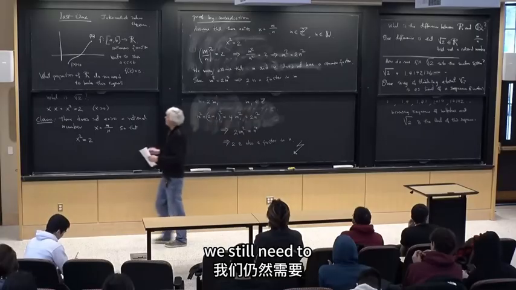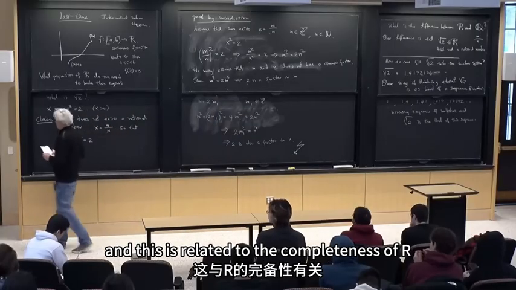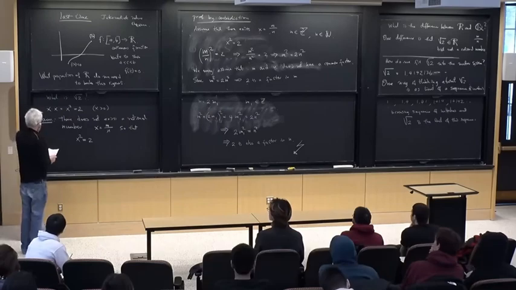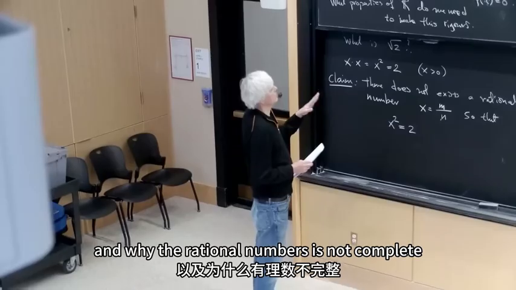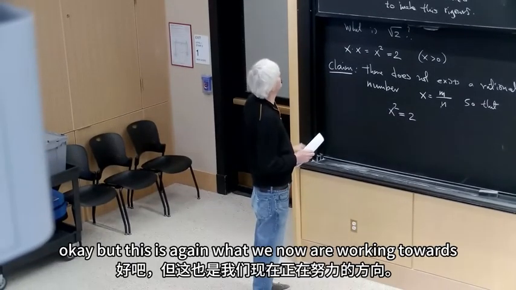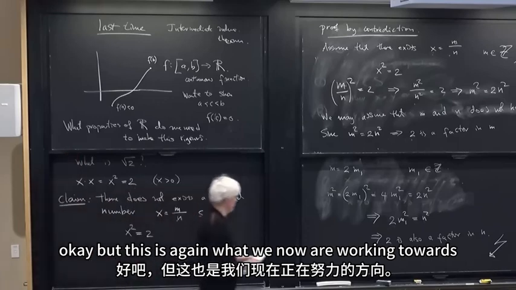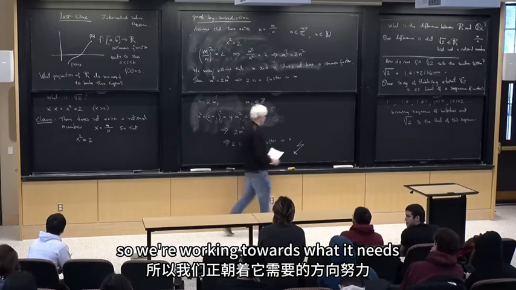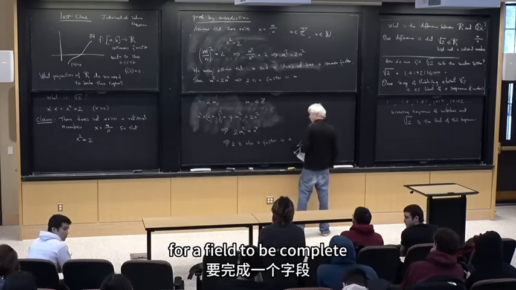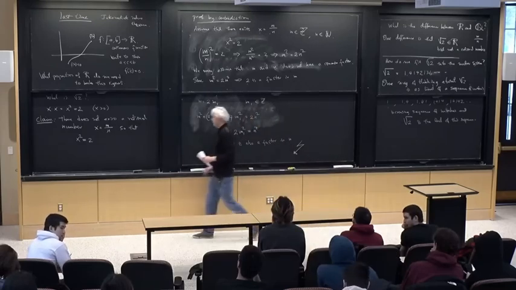We still need to, and this is related to the completeness of R and why the rational numbers are not complete. But this is what we are now working towards: what it means for a field to be complete.